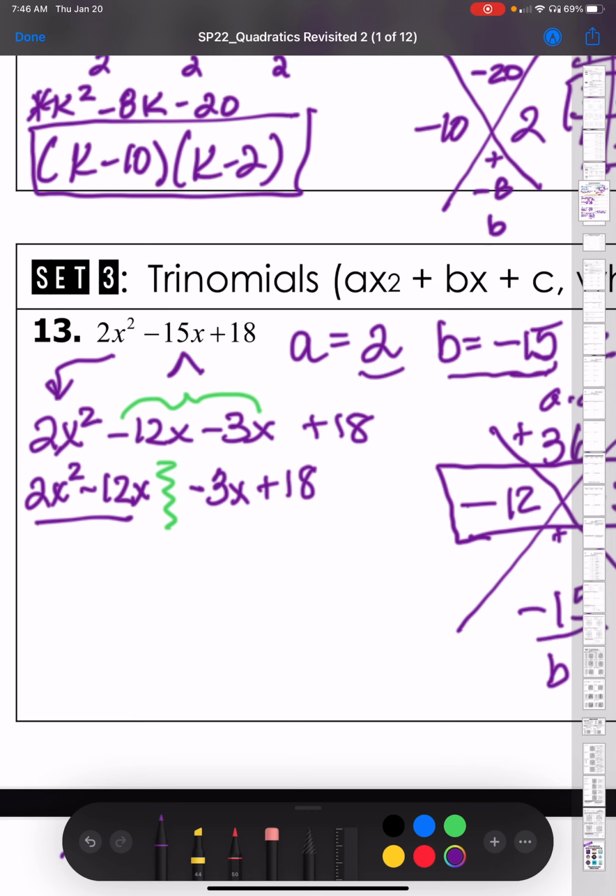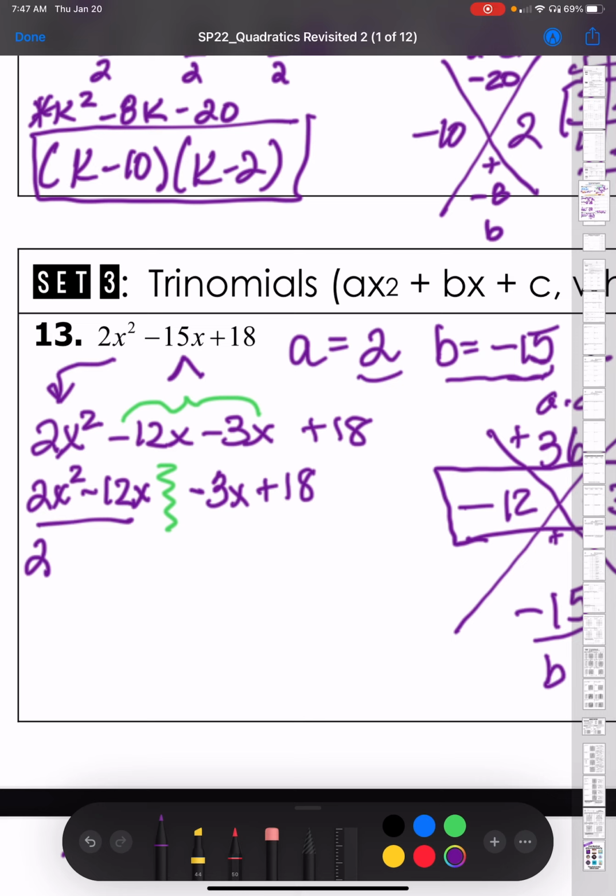They're both even, and 2 is our greatest number, so we know that we have a 2 that we can factor out. We also know that they both have an x. So factor out 2x. 2x squared divided by 2x leaves us with an x. Negative 12x divided by 2x is a negative 6.